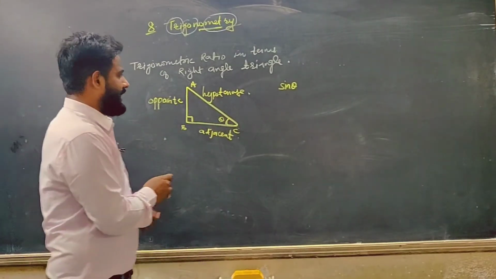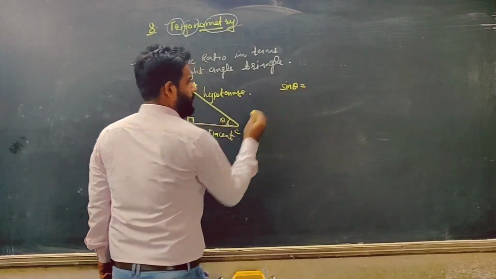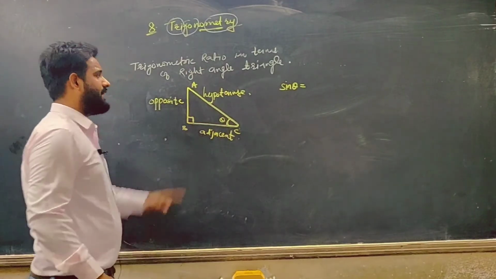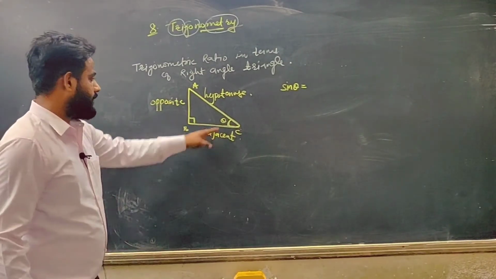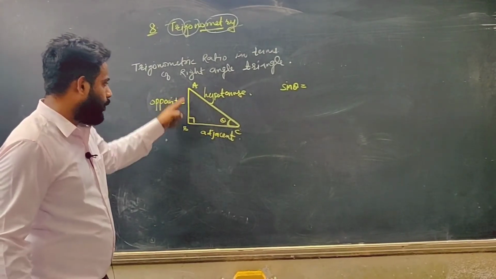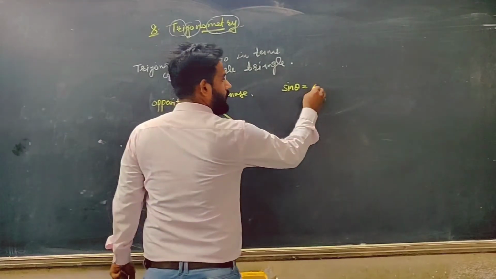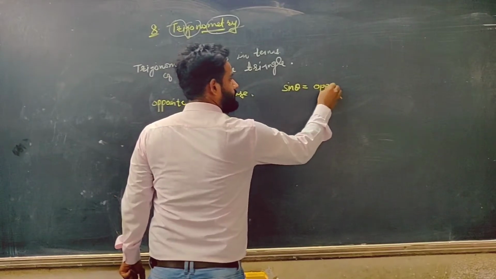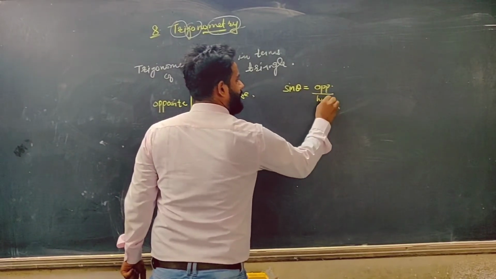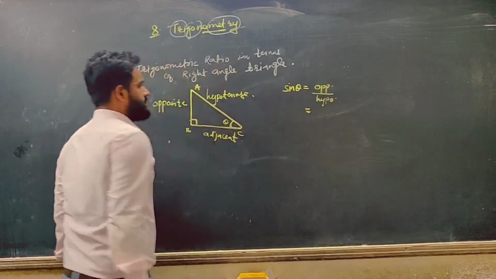So sin theta is equal to, how can you represent sin theta in terms of a right angle triangle? You have to remember that sin theta is equal to opposite side upon hypotenuse side. So opposite upon hypotenuse. Now what is the opposite side here?